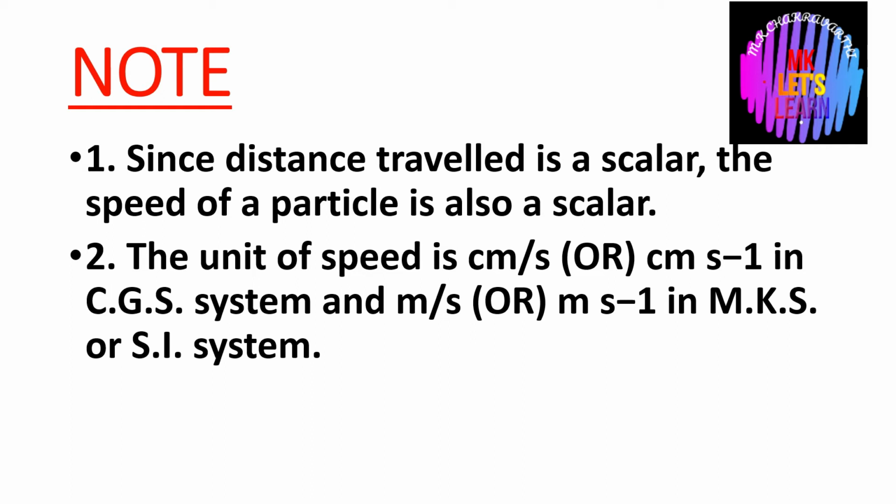Similarly, we know that for vectors, both magnitude and direction are needed to define them. Special vector addition rules are needed for adding or subtracting vectors. Another note is that the unit of speed is centimeter per second, or cm s^-1, in the CGS system, and meter per second, or m s^-1, in the MKS system or SI system.